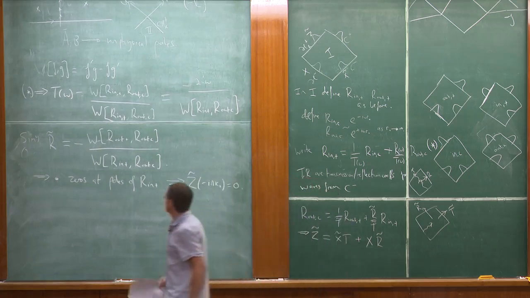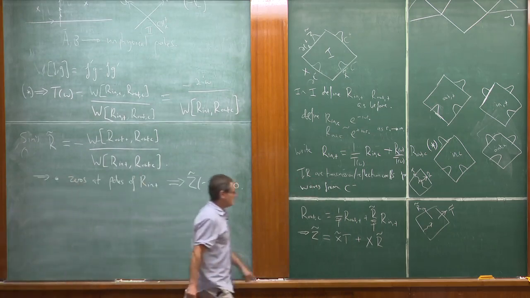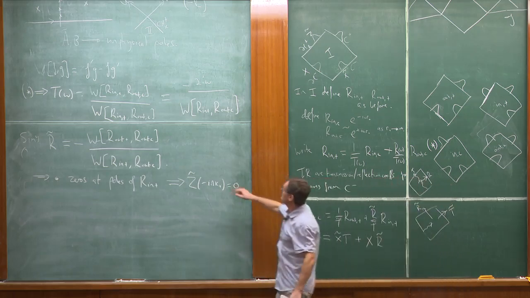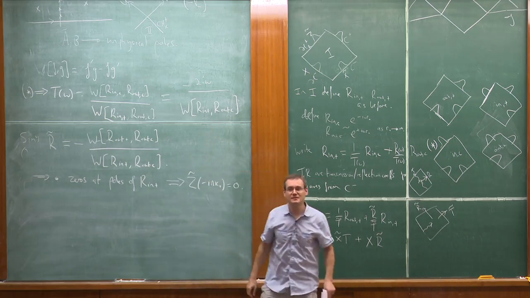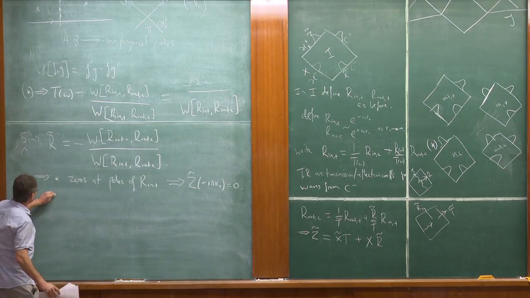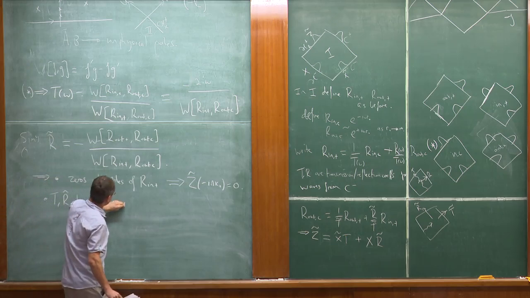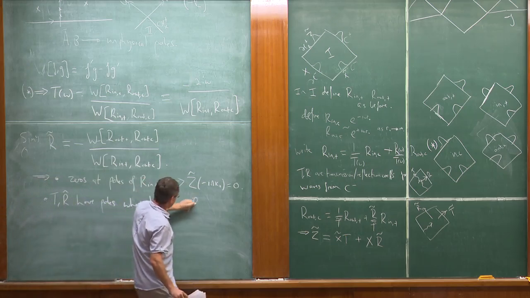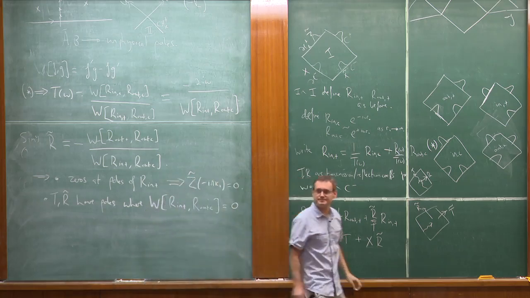What is physical, on the other hand, is the fact that T and R tilde can have poles, and they have poles when this Wronskian, which is the same in both, in the denominator, vanishes. So we get T and R tilde have poles where this Wronskian of R in plus with R out C is zero.